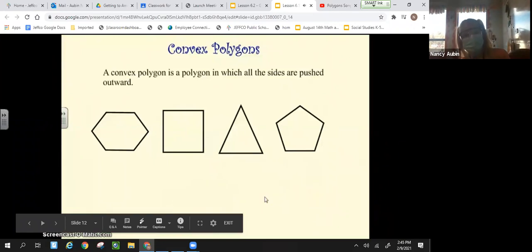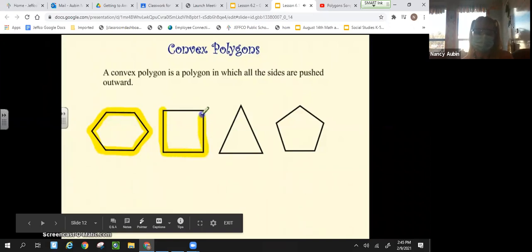So, convex polygons. Convex polygons are polygons in which all the sides are pushed outward. So let's take a look at this hexagon here. All the sides are pushed outward. No one is being pushed inward or toward the interior of the shape. They're all pushed toward the exterior. The square, same thing.